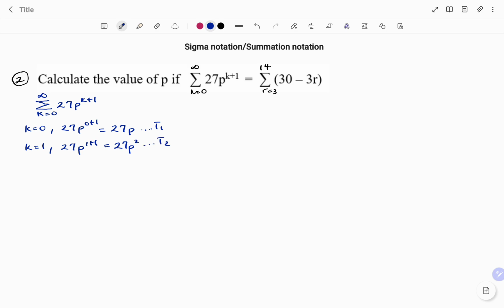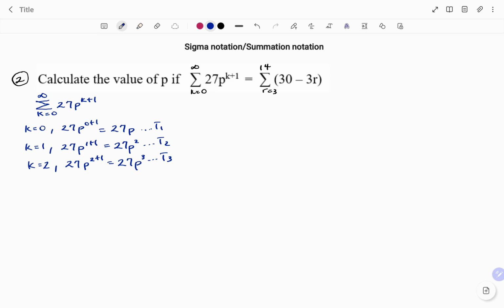That's our second term. For our third term, I skipped k equals 2, so I'm going to change that to k equals 2. We've done k equals 0, k equals 1, then k equals 2. So we have 2 plus 1, and that will be 27p cubed. That will be our third term.